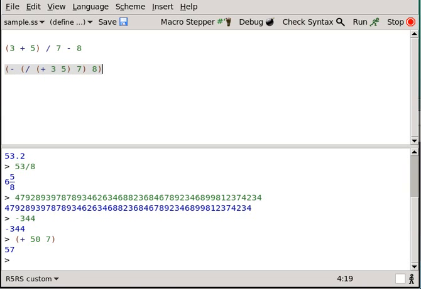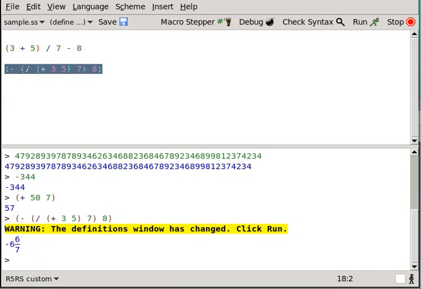Now what was 3 plus 5 divided by 7 minus 8? That's going to be a number that has fractions in it, so I don't know what it's going to be, but we'll just paste it down here and try it out. Negative 6 and 6/7. Right, that's pretty sloppy. Let's do 14 plus 9 plus 5.